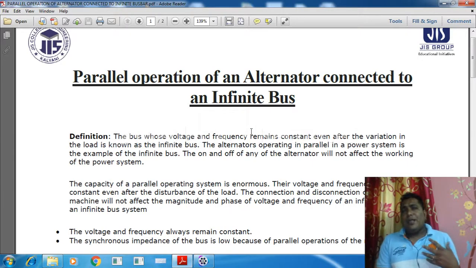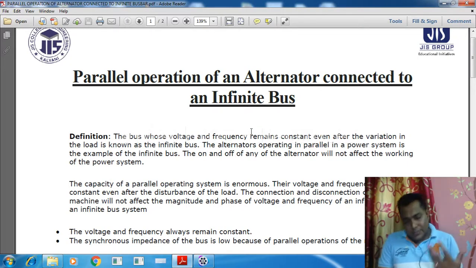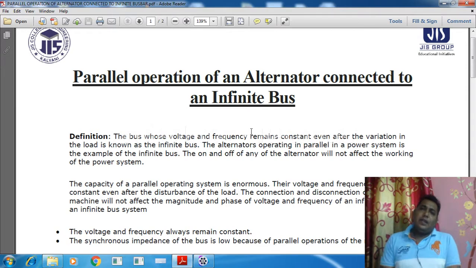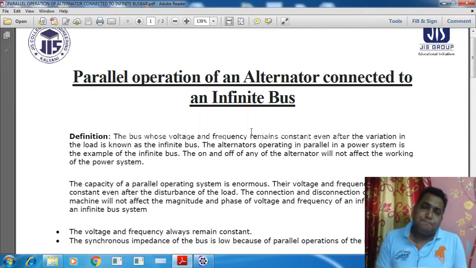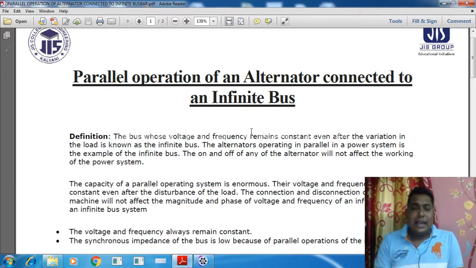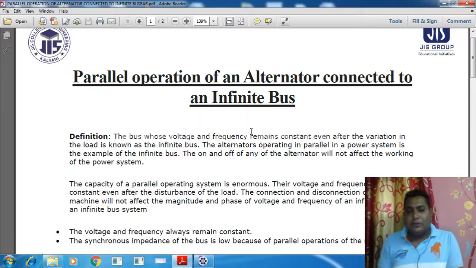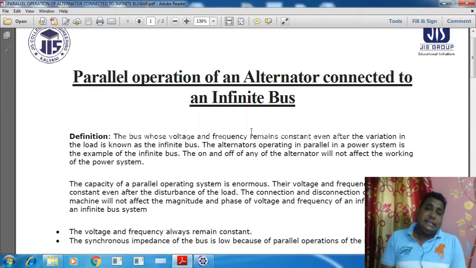We know that when some alternators are connected to some load, and if the load is more than the energy generated at that time, only then a second alternator, or a number of alternators, should be connected with that existing system, so that we can match the load demand.